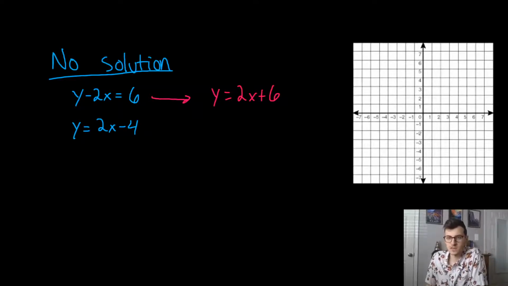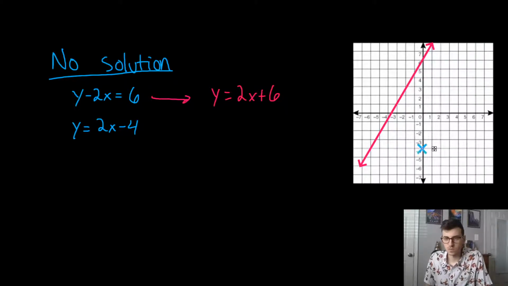2x plus 6 is here, and our graph would look something like that, I think. Then I could graph my second equation, 2x minus 4.